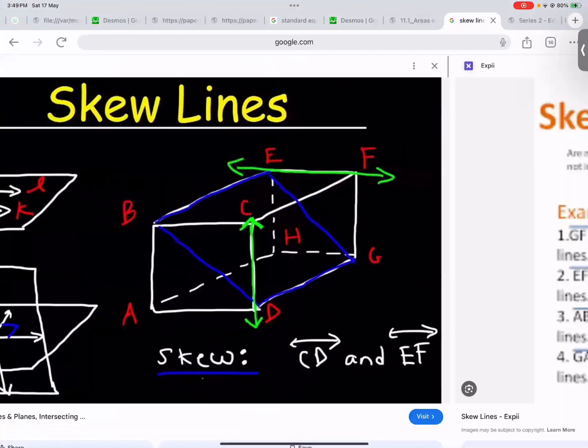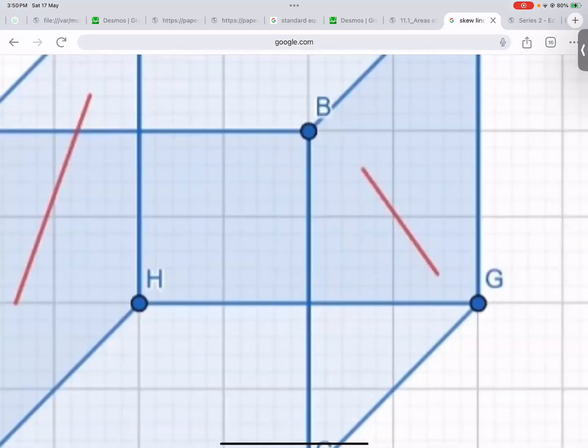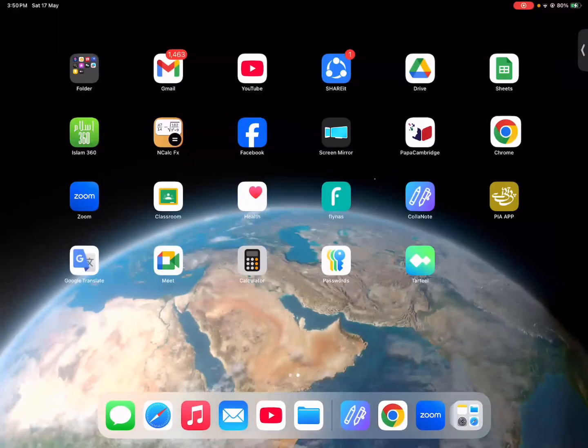Maybe I give you a better idea to understand how to find the angle between them. For example, this red line, if I bring this red line onto the other red line, a drag, they will look like they intersect and we can find the angle between them.